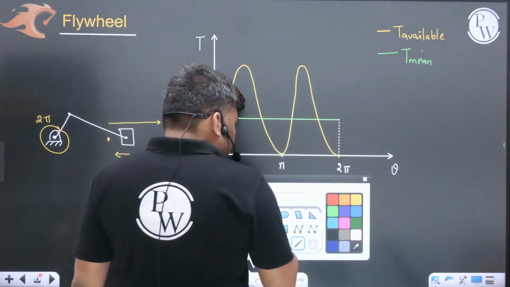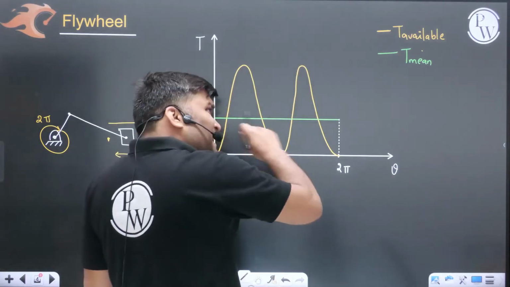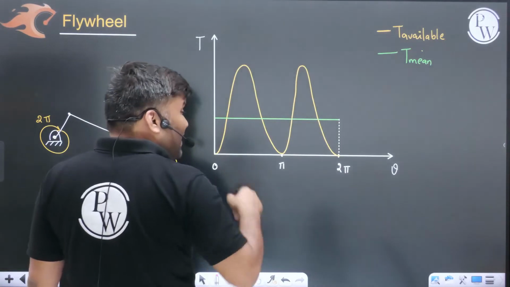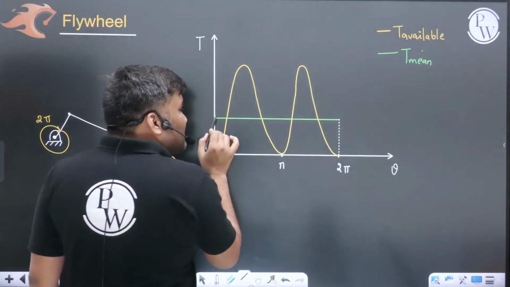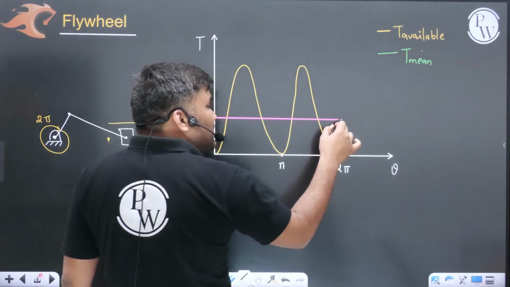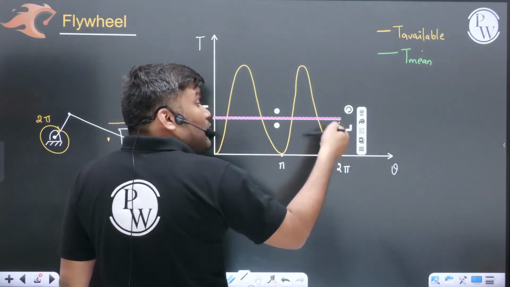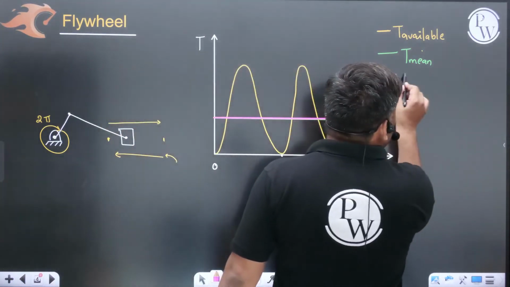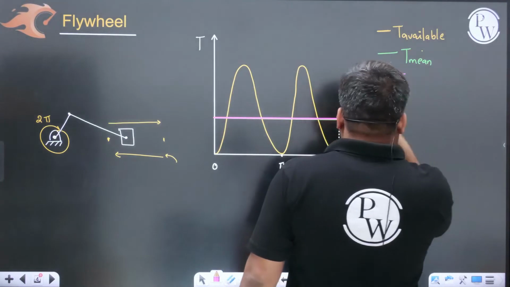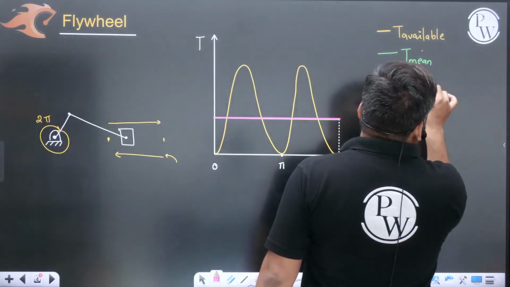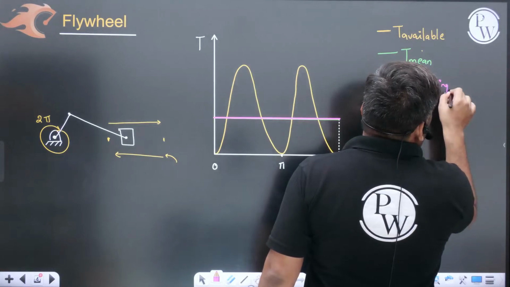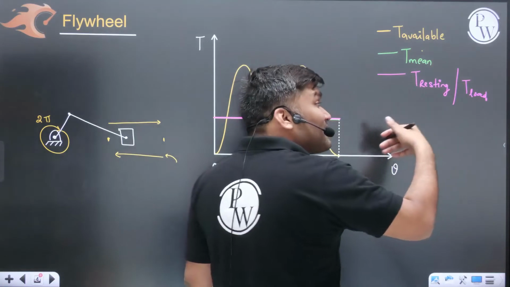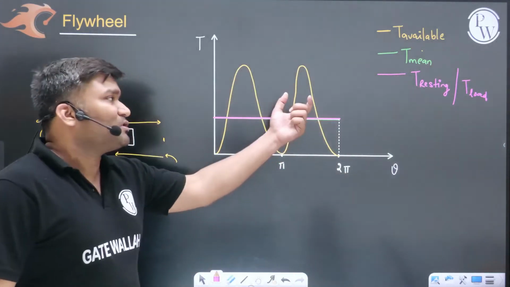So suppose exactly the same amount of torque as the mean torque you have connected against this engine, and this line, which is just overlapping the mean torque, I have drawn. What is this? This color, red kind of color, purple color, is representing the resisting torque. Some people call it resisting torque, some call it load torque, your choice. It is the same thing. Or you can also say required torque. This is the amount of torque which is required.